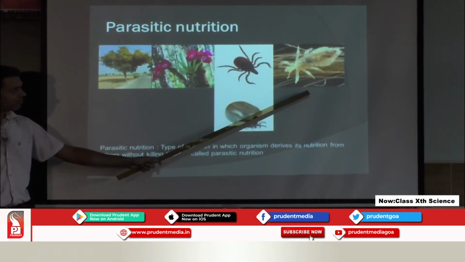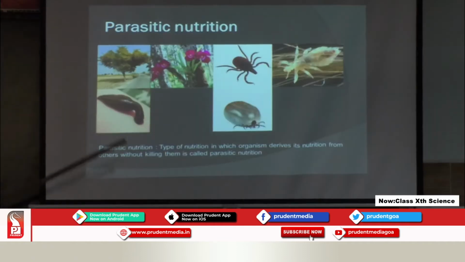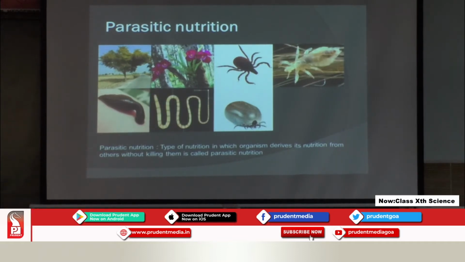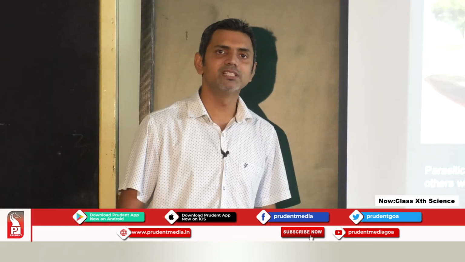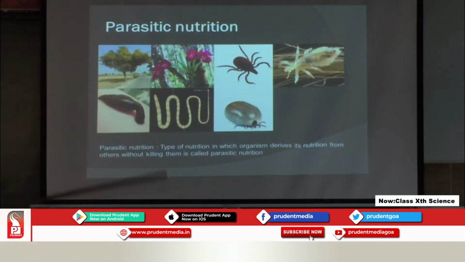Lice, which are found on human hairs, leeches, they suck blood, then tapeworm, which is sometimes found in the human intestine. So, these are the examples of parasites and the mode of nutrition in such organisms is parasitic nutrition.